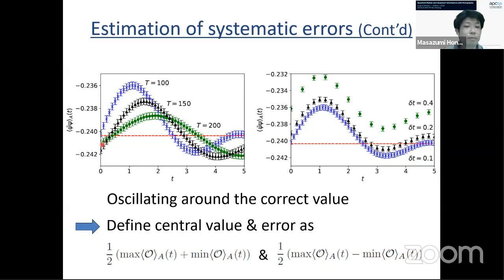So we see some oscillation around the correct value, but as we increase the final time capital T, we have a smaller oscillation. So here we regard the center of the oscillation as the central value, and we regard the amplitude as the systematic error. And a similar behavior can be seen in improving the total error.